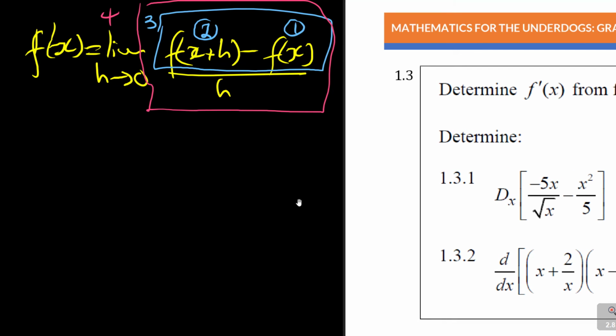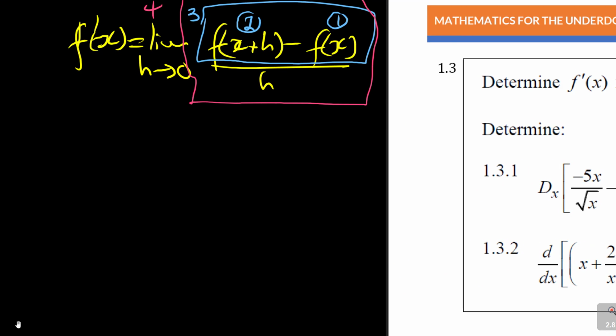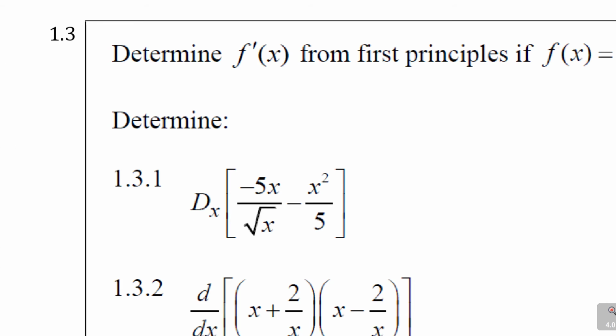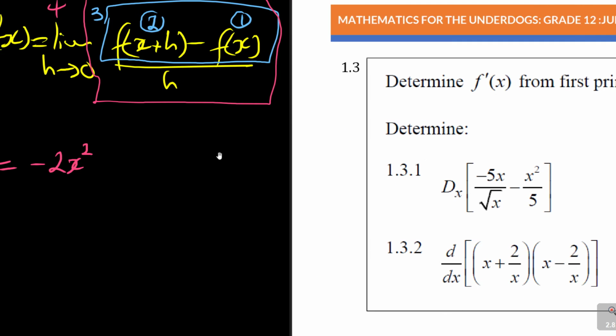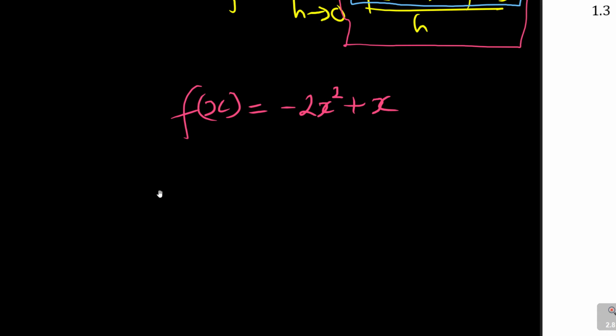So let's look at this. What question is this? f of x is minus 2x squared plus x. So we have here f of x is equal to negative 2x squared, and then plus x. Sometimes I always say to students, it's better to have an idea what your answer is here. Let's try this.